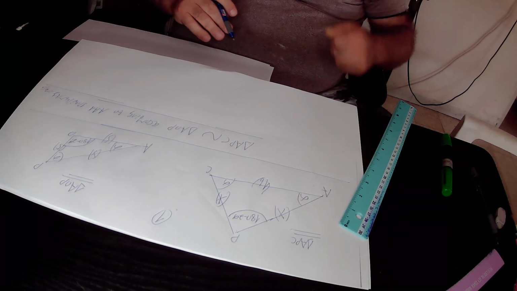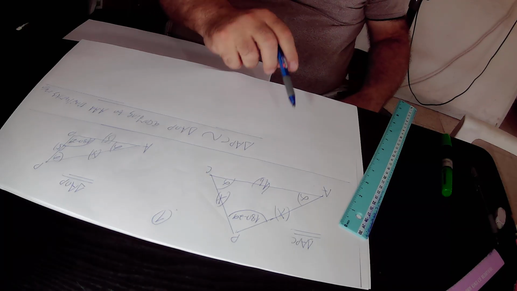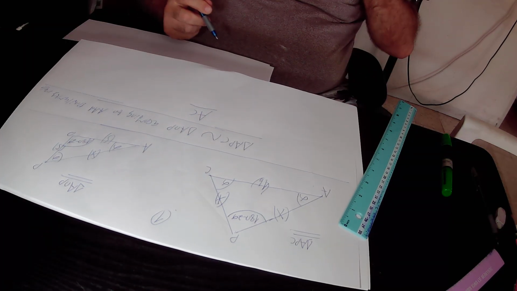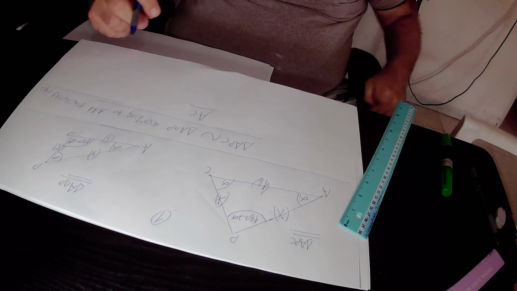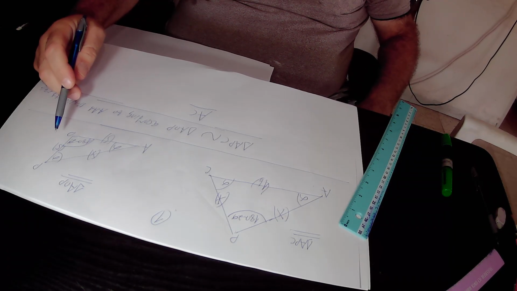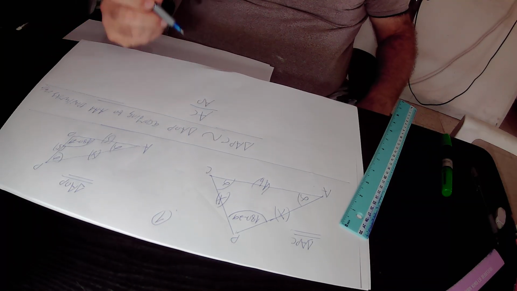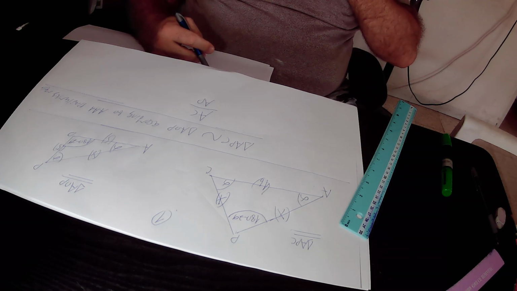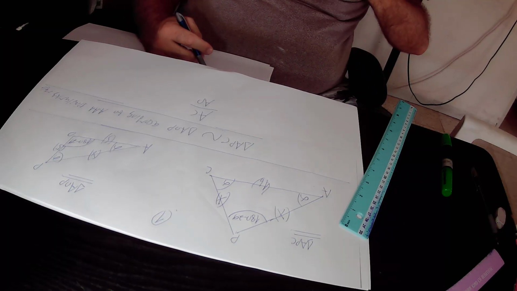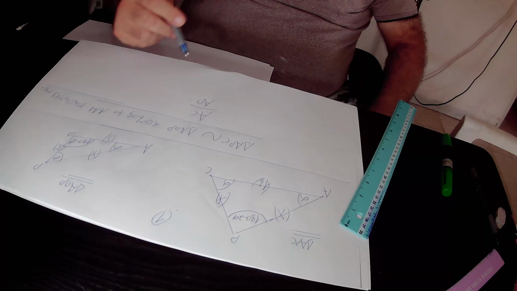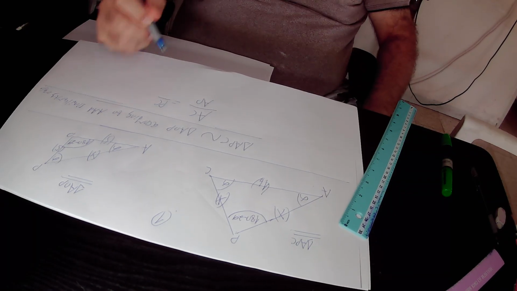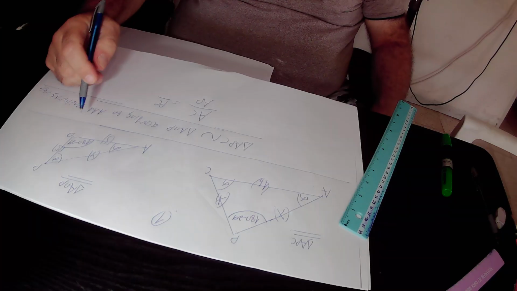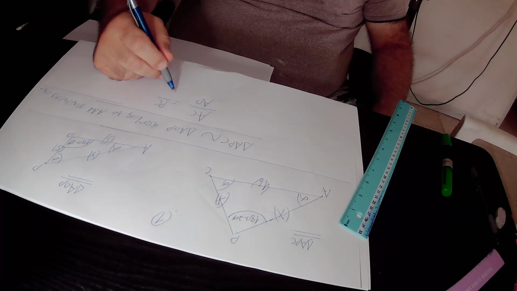Side AC of the big triangle APC over side AP of the small triangle AOP is equal to side PC of the triangle APC over side PO of the small triangle AOP.